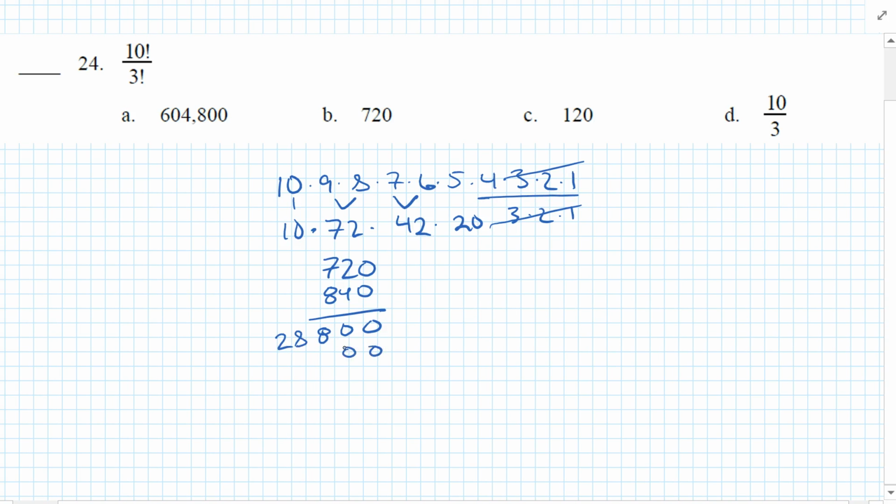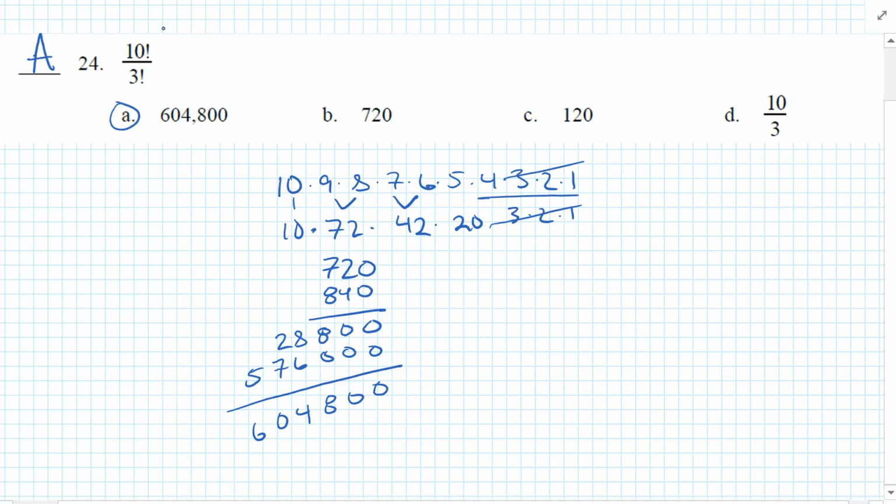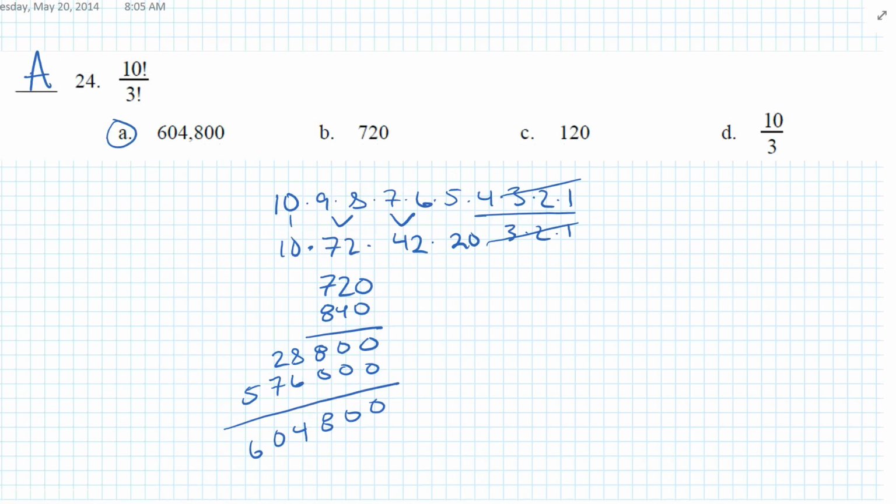So we're going 0, 0, 0. Next number is 16. Not very good handwriting. Answer is A. You can still do it in your handy dandy calculator just like we did before. 10 exclamation point divided by 3 exclamation point is 604,800. So I want to kind of give you an idea of what it actually looks like.